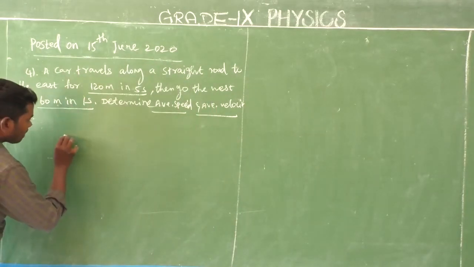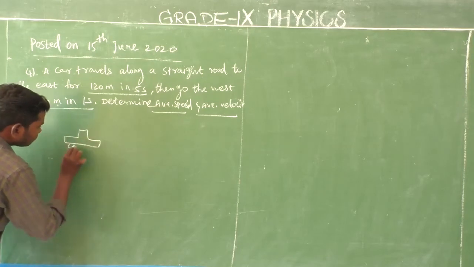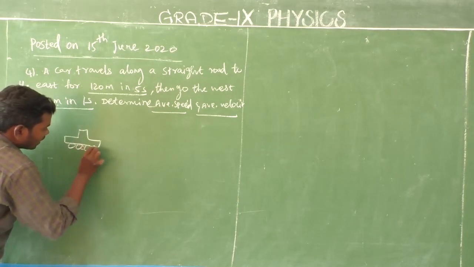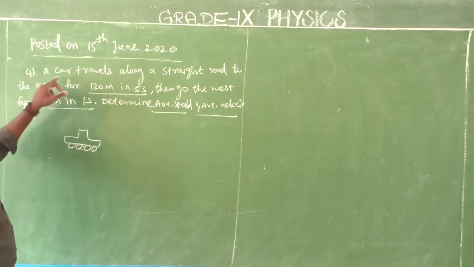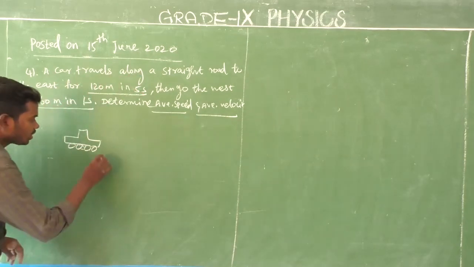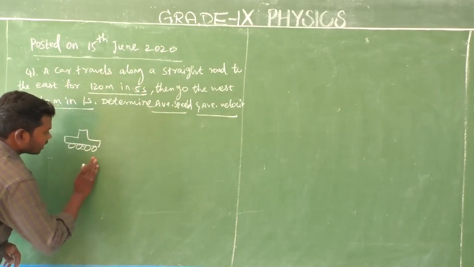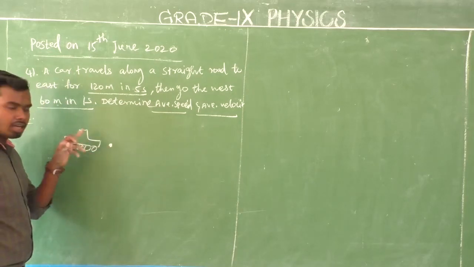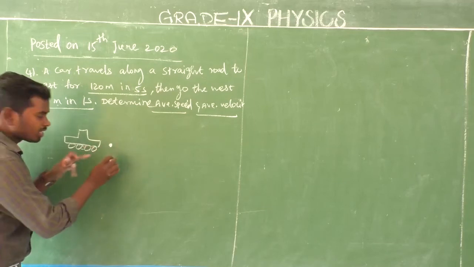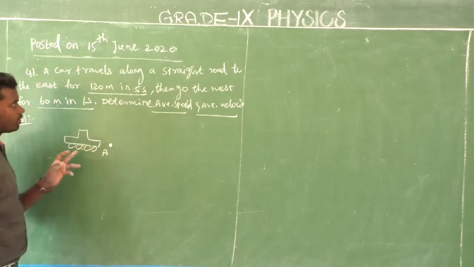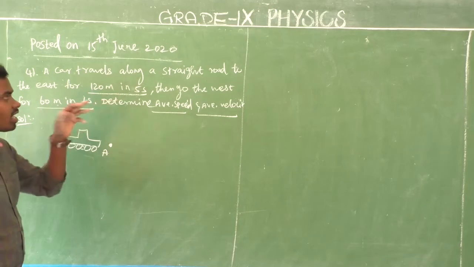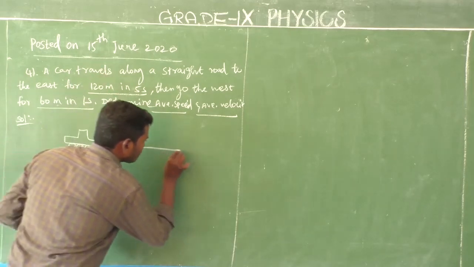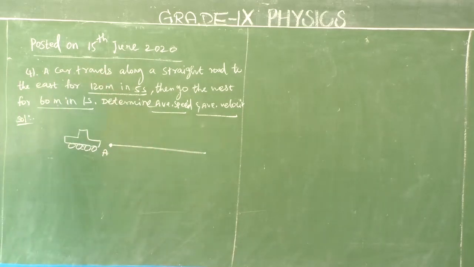Consider a car. So that car moves along the straight road. This car starts moving from this point. Consider this point A. Here the car travels along a straight road, towards the east direction.